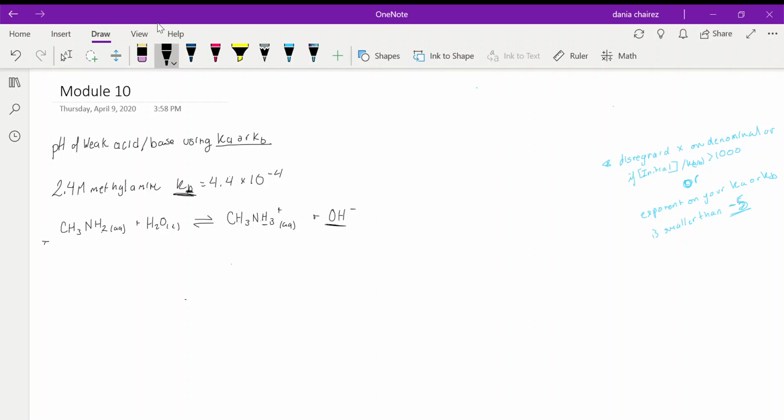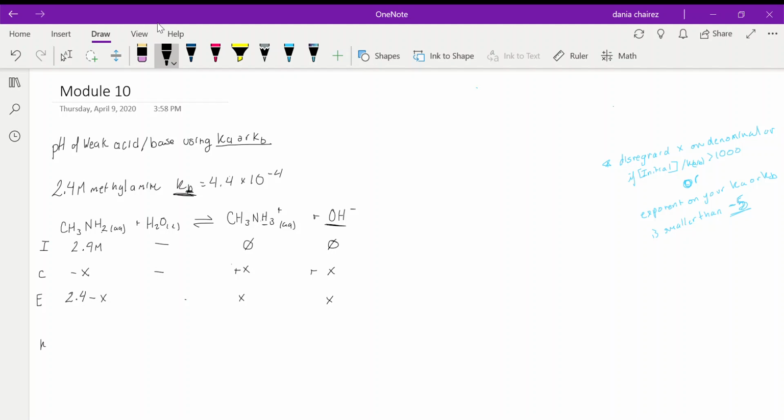Right, so then we do our ice table. Initially we have 2.4 molar, then 0 and 0. Our change, we don't know it, it's x, x, and x. Then here we have 2.4 minus x, and this is just x.